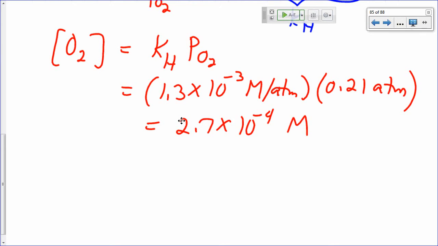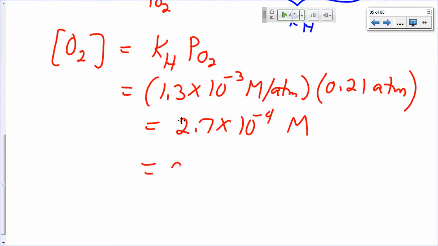Okay? So in cases like this, typically when you look for solubilities of oxygen in water, you probably encounter this in your biology classes. You've heard of dissolved oxygen. Okay, they're given in ppm. So let's convert this to ppm. Anytime you've got very low concentrations, it's better to express them as ppm.